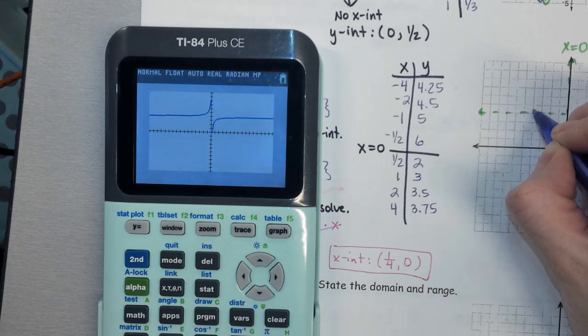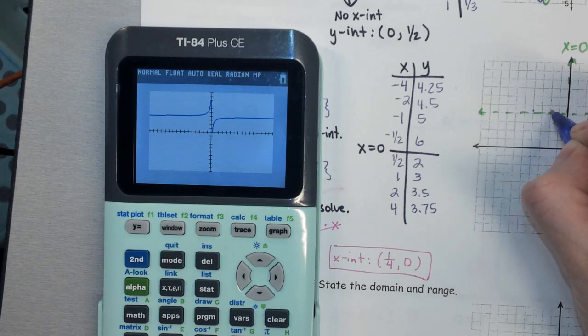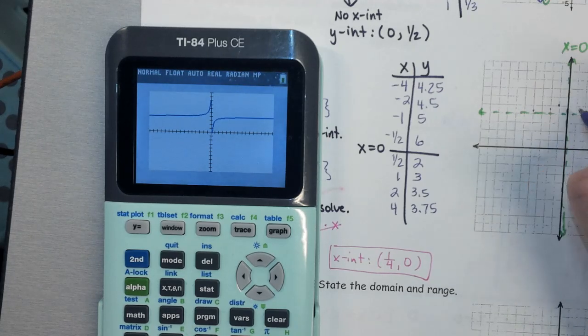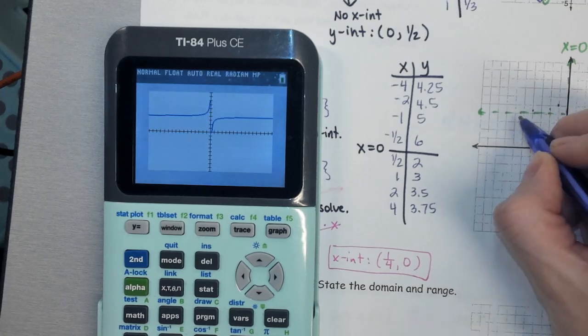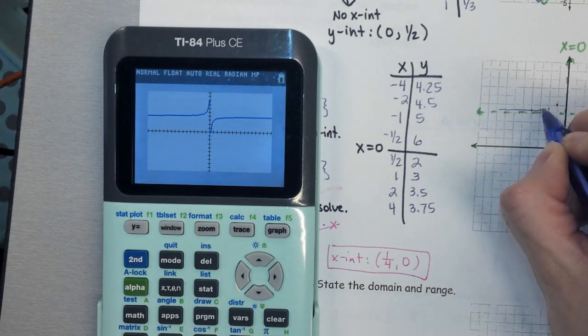So I have 4.25 at negative 4, at 2 and at 4.5, at negative 1 and at 5. And then again, you can see like how small this curve is.